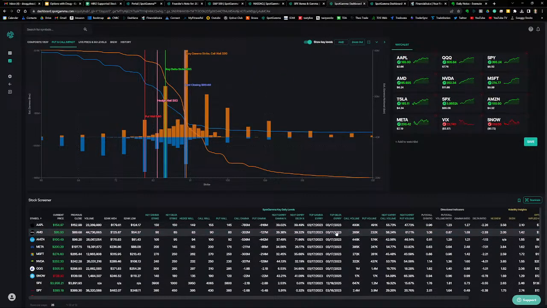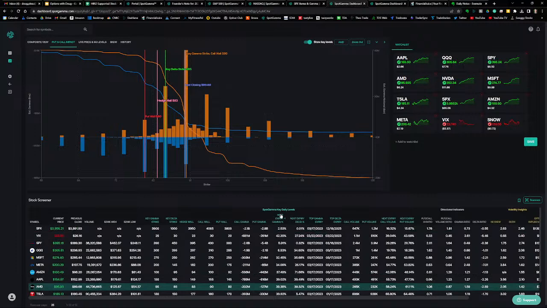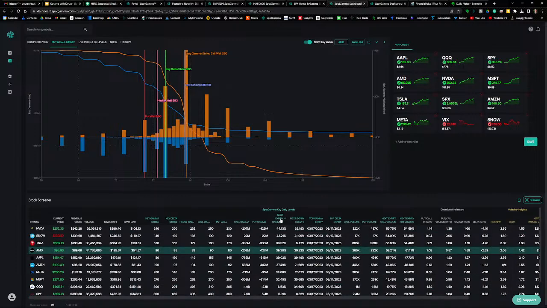And what I look at is this next expiry gamma percentage. Let's just sort the list by that number. And this is showing the next expiry gamma percentage. Anything over 30% is typically pretty significant.